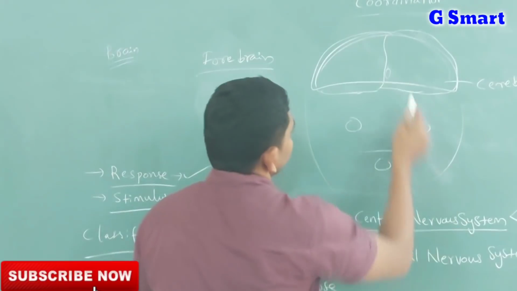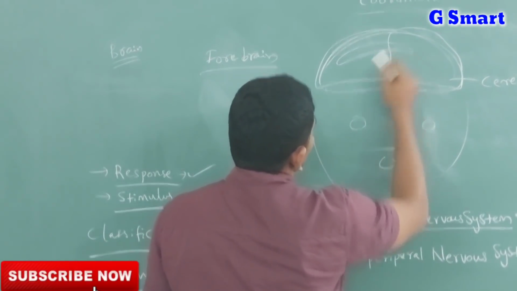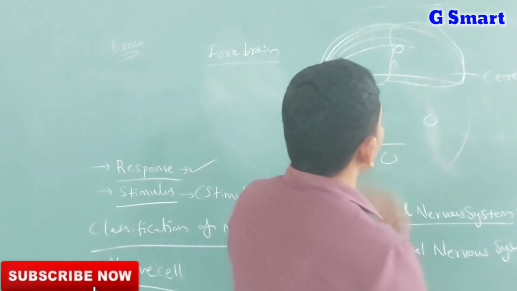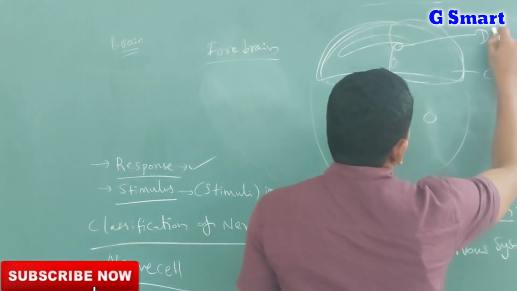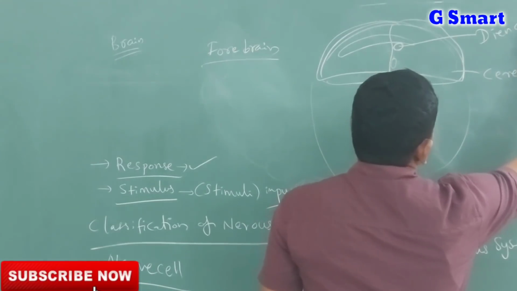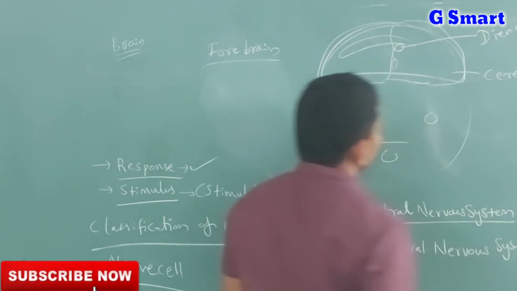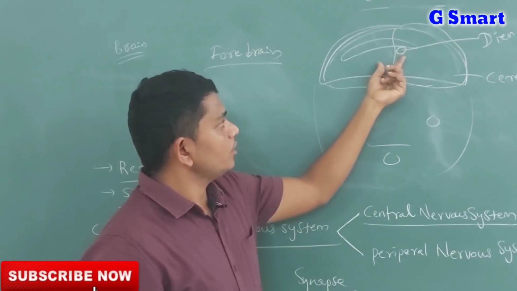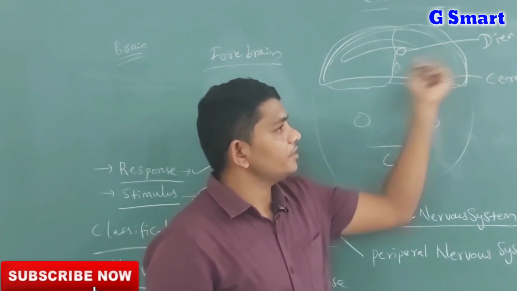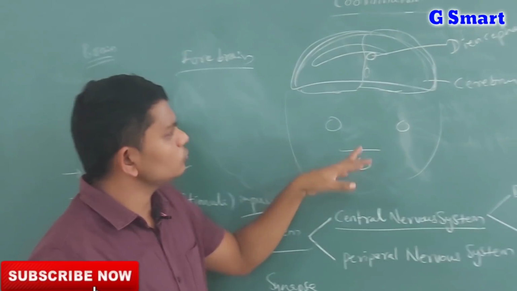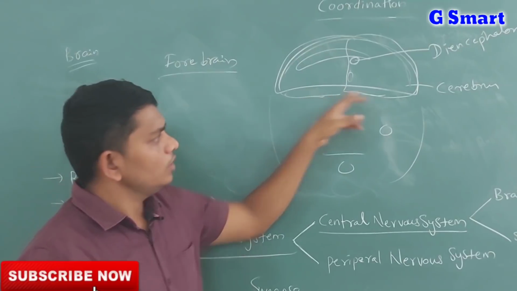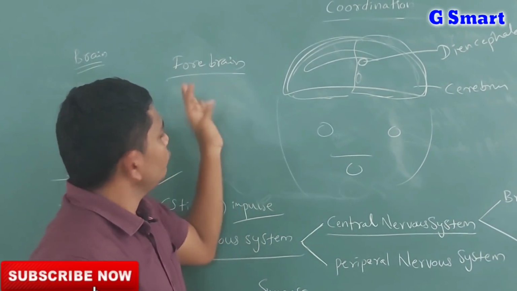This is also called cerebrum. Inside the cerebrum, we can see the diencephalon. So this is all called cerebrum, and in the inner part we can see the diencephalon. Olfactory lobes are also there in the diencephalon and cerebrum areas. These are the three important parts in the forebrain.